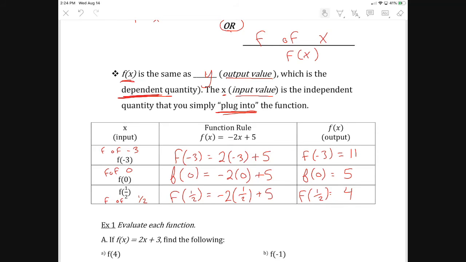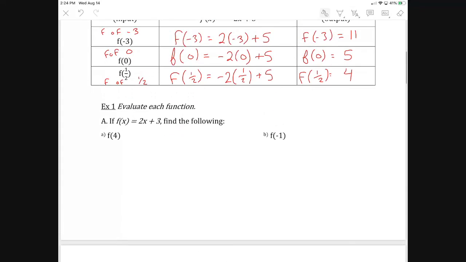So now we're going to look at our examples. So for example 1, evaluate each function. If f of x equals 2x plus 3, find the following. So we're trying to solve for each one. So if we have f of 4, we're going to plug that in. So f of 4 equals 2x plus 3.